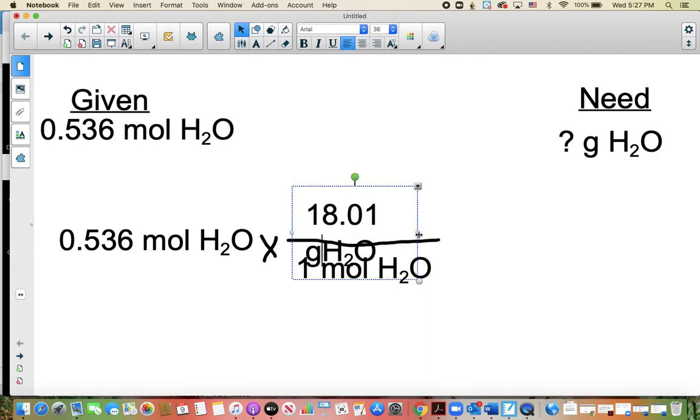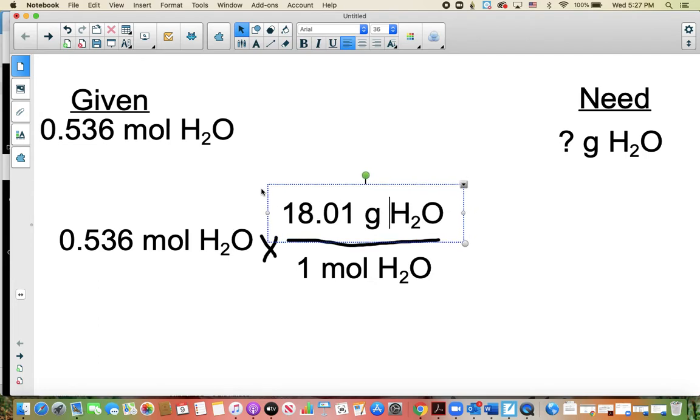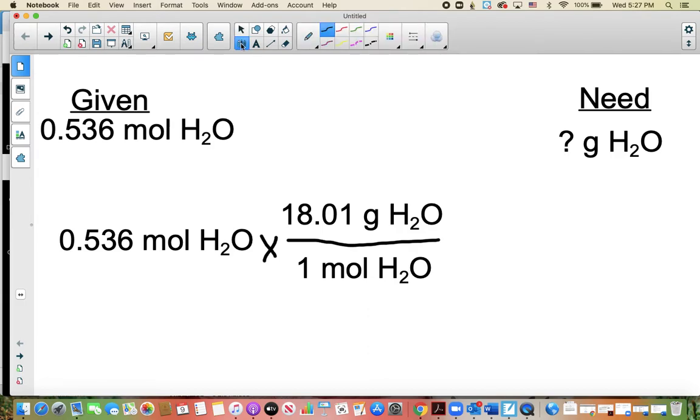So this fraction bar: 18.01 grams of water is equal to 1 mole of water. We calculated that molar mass in the last video. Since moles of water are on top and on bottom, they cancel. My active unit is grams of water, and that's great because that's what I need.